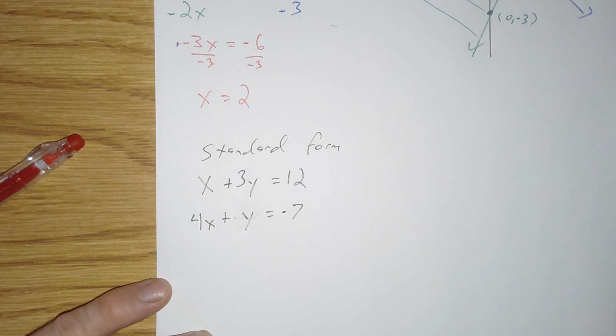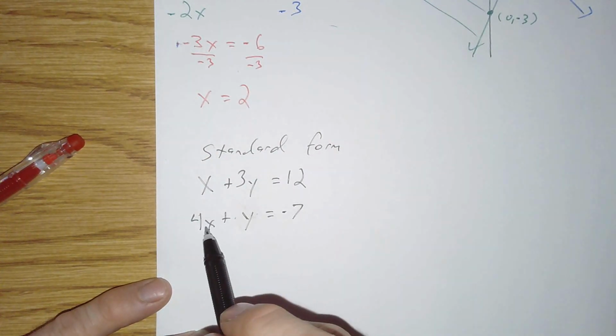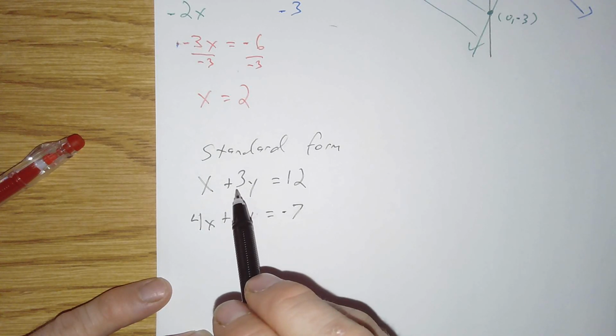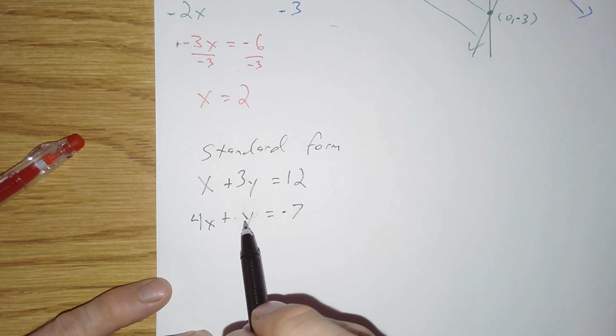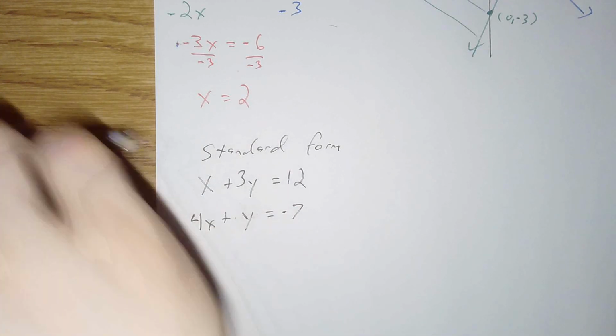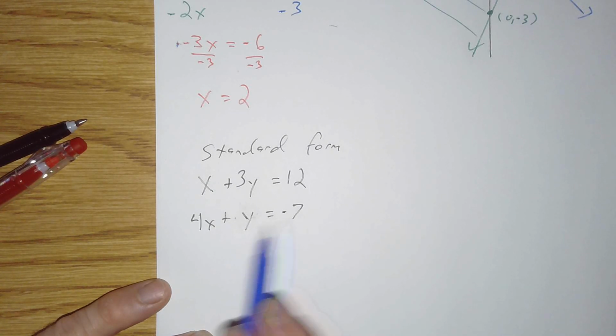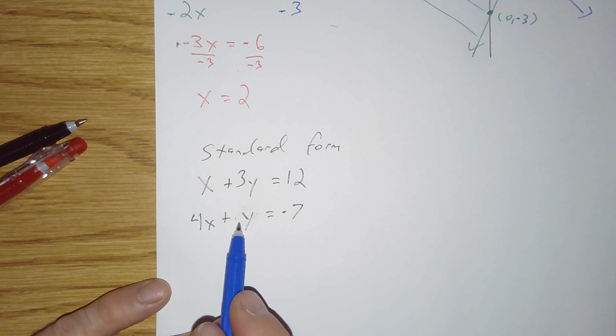So what do I mean by that? Here I look at my 4. This 4x is 4 times bigger than that x, and this 3y is 3 times bigger than that y. I'm going to unreduce this equation so that this has a 3, but it's negative.